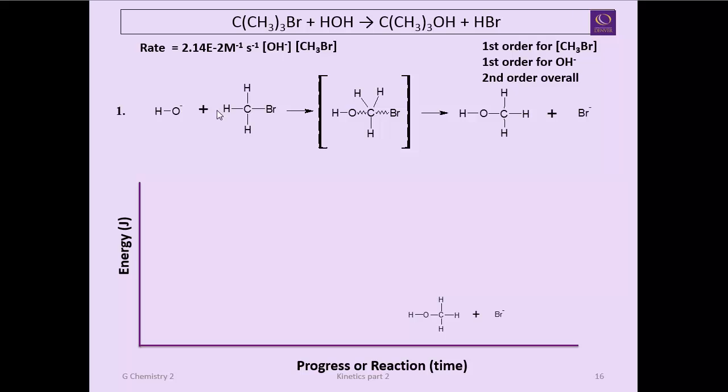It's a one-step reaction. Reactants combine, they go through this intermediate, and boom, you form products. So basically, as hydroxide approaches one side of the carbon, this bond is softening and bromine starts to leave. That's what you call a transition state. When the bromine officially leaves, you're left with methanol and the bromide ions. Okay?